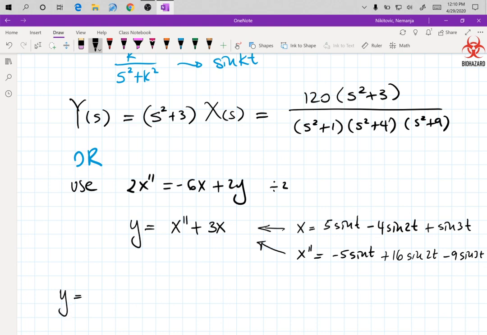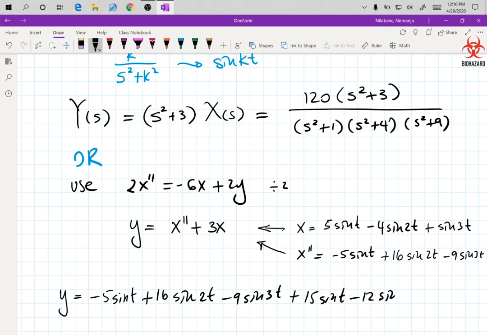So y is equal to x double prime, which is minus 5 sine t plus 16 sine 2t minus 9 sine 3t, plus 3 times x up there, which is 15 sine t minus 12 sine 2t plus 3 sine 3t.